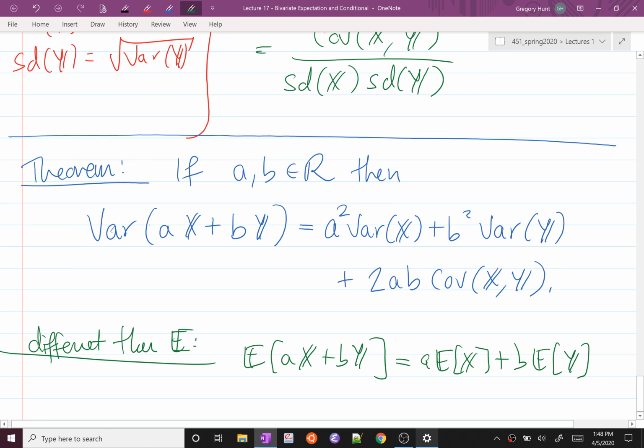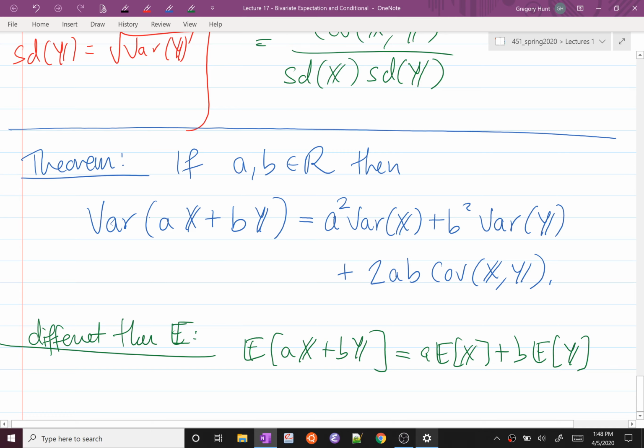Very simple. You cannot do that with variance. You can't just distribute it over and pull out constants. You can't even just pull out constants squared. You have to account for how they vary together, so what the covariance is between the two things.